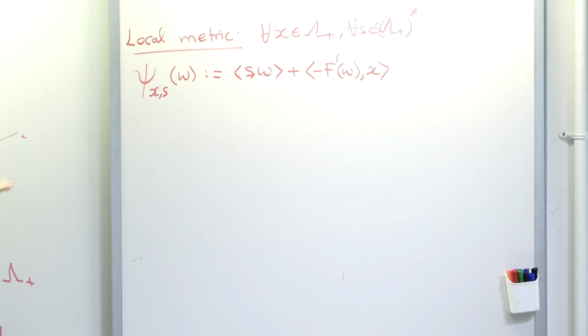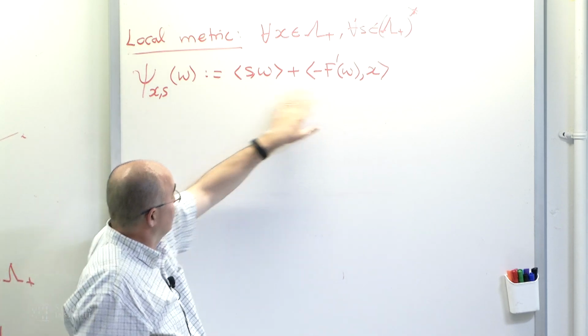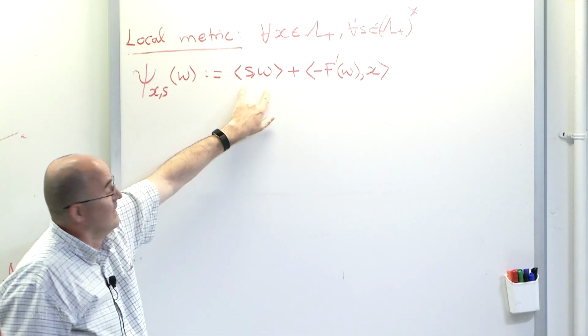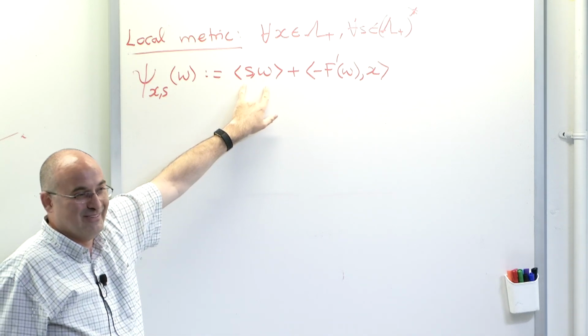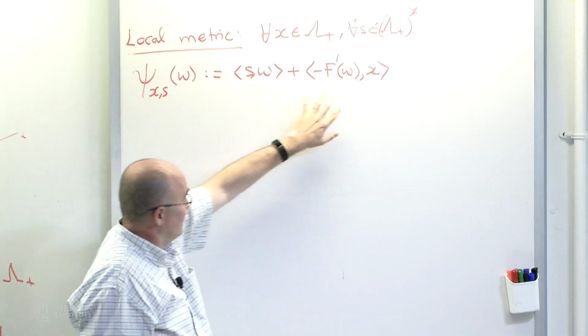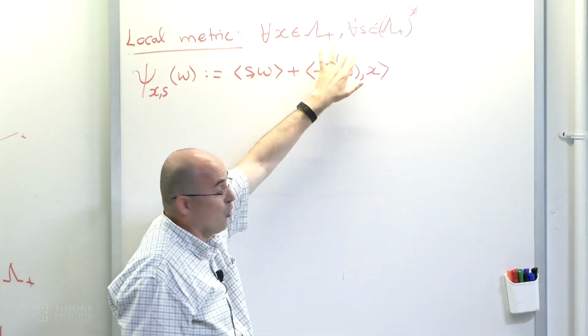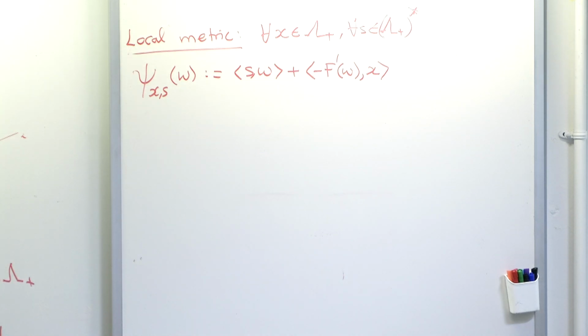Now, we can do the same thing under these assumptions that I described, because this function is convex. This new function is still convex, because this term is just linear in W. And it's interesting that this function is well defined on the whole cone, not just the interior, but in the algorithm we work in the interior.